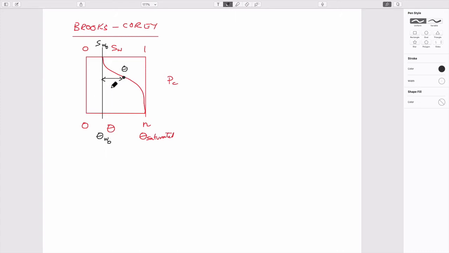So this length here would be phi minus the irreducible moisture content by definition for that length, right? And this length here would be equal to the saturated, fully this one minus this one.